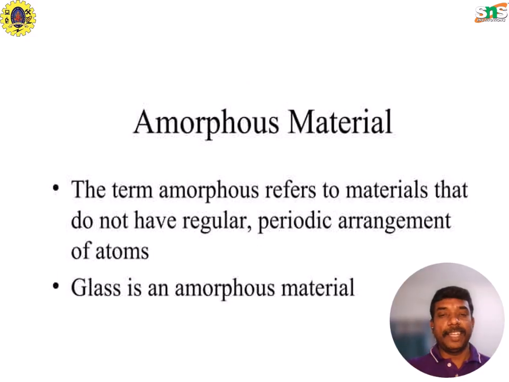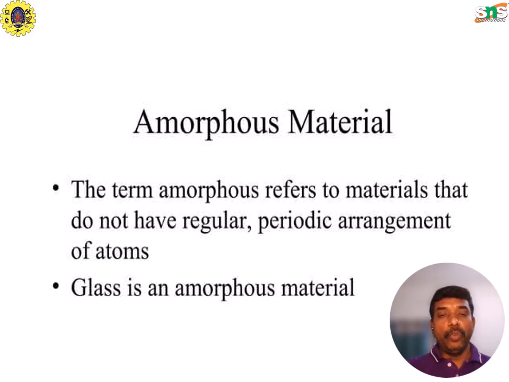This is category number 2, which is called the amorphous material. The term amorphous refers to the materials that do not have the regular or periodic arrangement of atoms. Say, for example, if the material has the same kind of microstructure in its body, then the material can be called a crystalline material, which follows the same kind of crystals repeated in its microstructure.